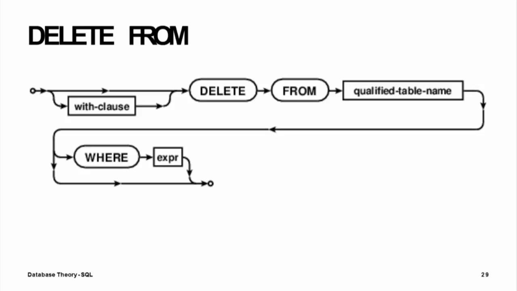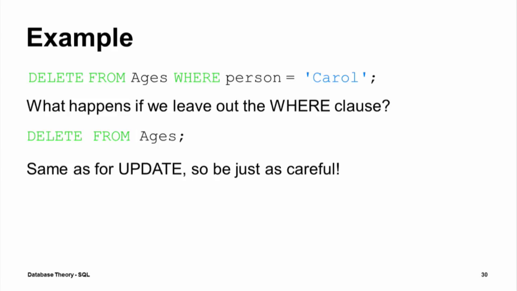And the same goes with that delete. So let's delete all persons who are named Carol. Well, delete from starts fine. Name your table, the one that has that attribute named person, and the value should be Carol. Fine.